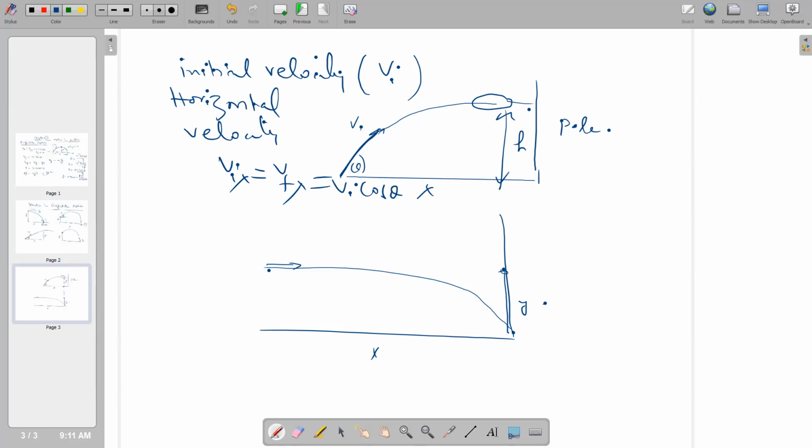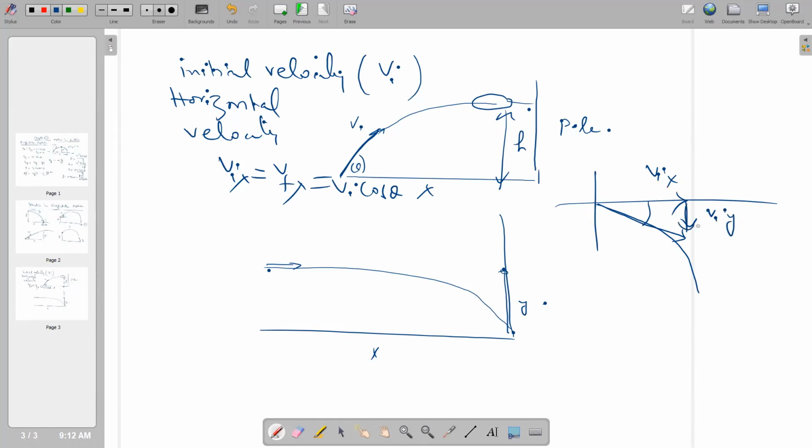Sometimes the problem says the ball is thrown below the horizontal. This is your horizontal, and below horizontal means it is like this, so this is the angle below. In this case you have Vix, and this is your Viy.